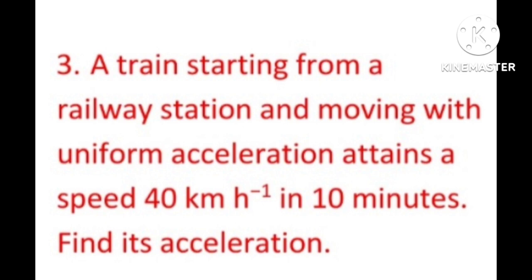Whenever an object is starting from rest, the initial velocity will be 0, so u = 0 in this case. It moves with uniform acceleration and attains a speed of 40 km per hour, that means v = 40 km per hour, and time is given as 10 minutes. We have to calculate its acceleration.